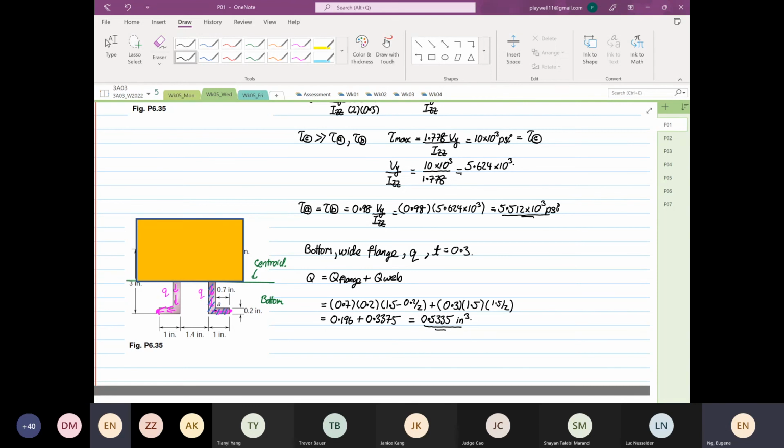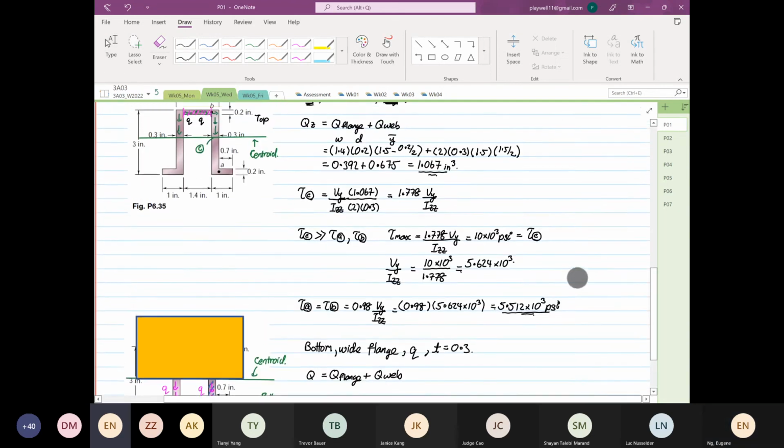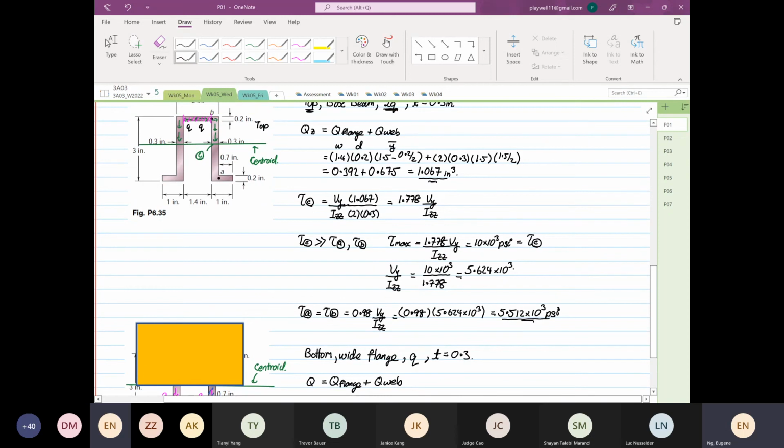Now, if we look at the top, our first moment of area is 1.067. The numbers are not the same. But if I take 1.067 divided by 2, it's equal to 0.5335, a number that is very familiar now.